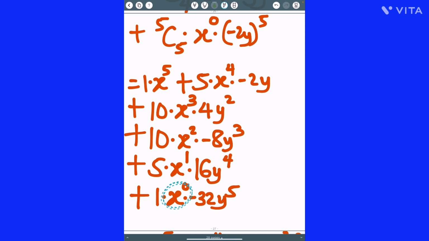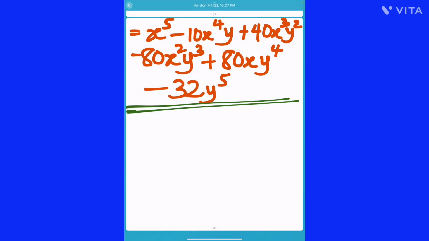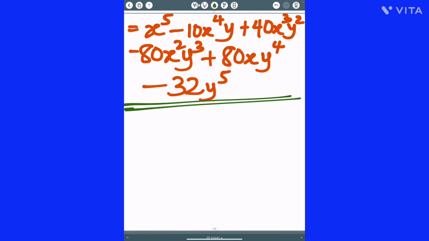X raised to power 0 is 1, and y raised to power 5. So I'll write minus 32 y raised to power 5. That's the expansion of x minus 2y raised to power 5 using the binomial theorem.